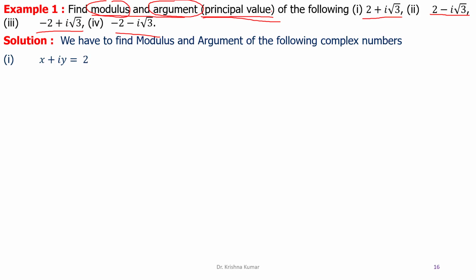x plus iy is equal to 2 plus i root 3. We are taking the first example, this one. Now here x is equal to 2 and y is equal to root 3.